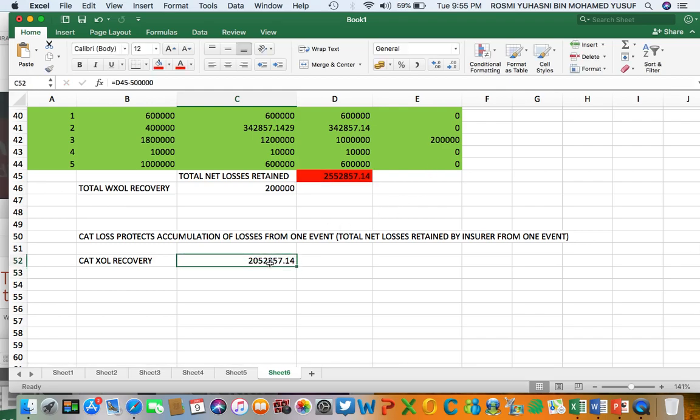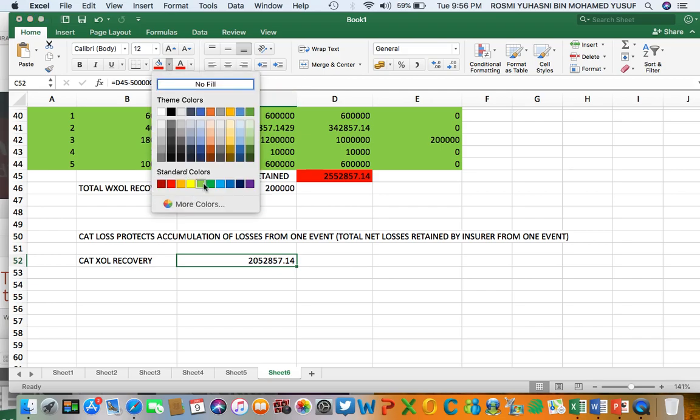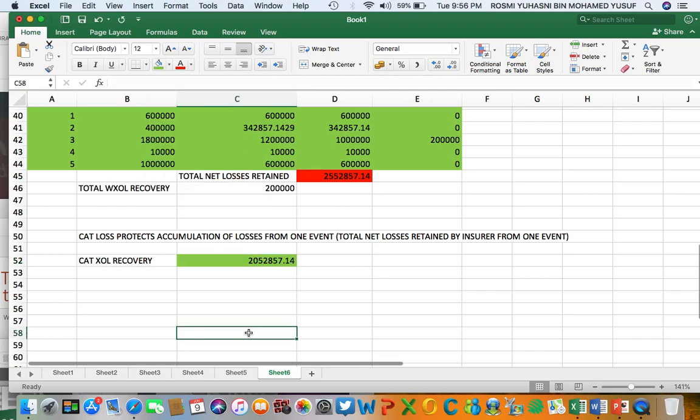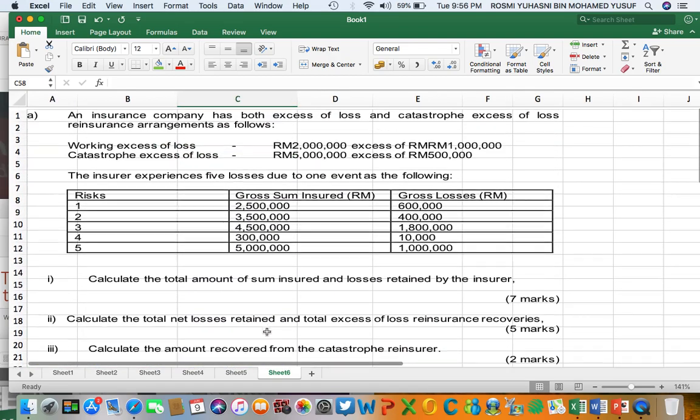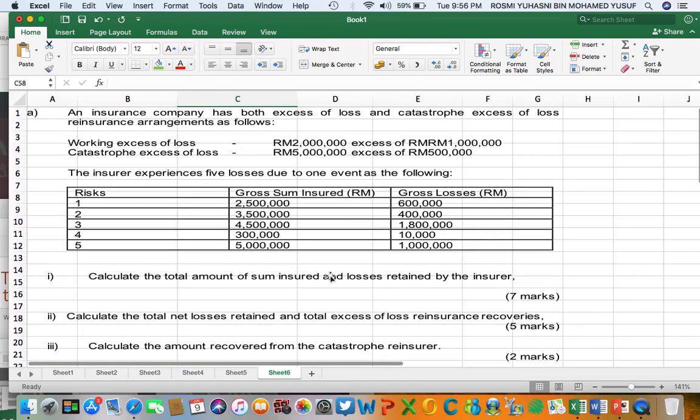So this is the amount recovered from the catastrophic excess of loss reinsurer. Okay, so this is how to solve this type of question. Remember, there is gross sum insured, gross losses. You have to convert from gross to net, and from gross losses to net losses.